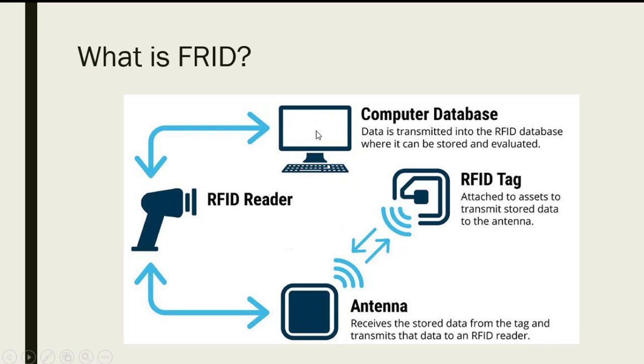Now this computer database, RFID reader, and the antenna associated with the RFID reader will be powered by the grid. Of course, they can always be powered by batteries, but in a typical system, these are powered by the grid. They may have battery backups in case of a power failure.